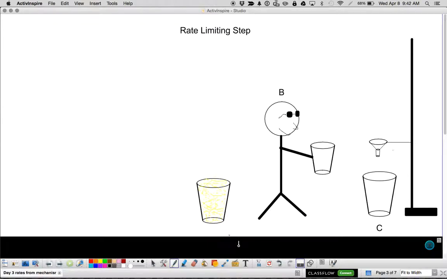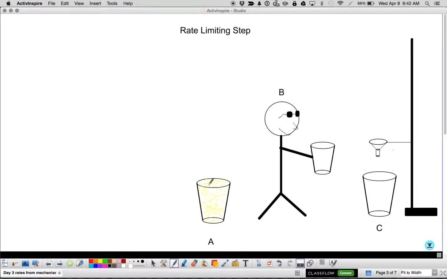And I need to get all the sand from bucket A to bucket C. And I'm going to do this by taking a small cup and then pouring it into C. Now I want to be careful. I don't want to spill, so I'm going to pour through this funnel. Unfortunately, this funnel is really small. Really small funnel.